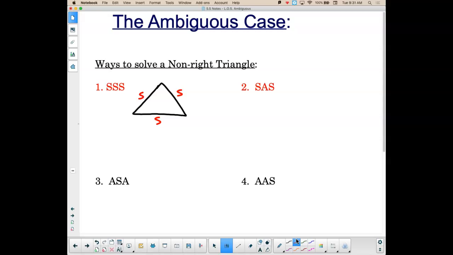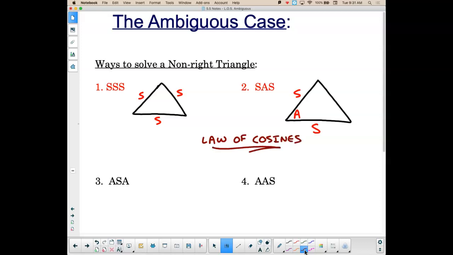We're going to get to the law of cosines tomorrow to refresh it for you from geometry. Or if we're given two sides and the included angle, again, both of those we're going to use the law of cosines. And that's going to be tomorrow.